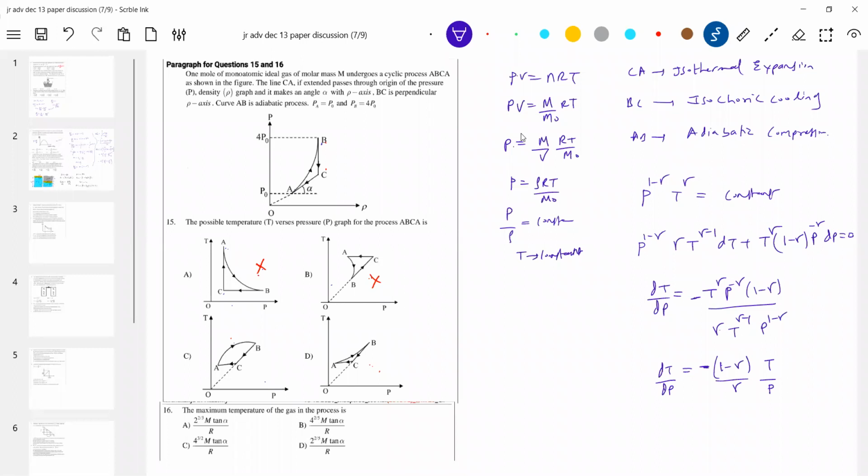If you calculate, the slope should be negative, no? I'll rewrite this: T by P equal to gamma by 1 minus gamma dT by dP. So if you calculate the slope, what should you get? Slope should be negative, no? The slope will be positive, sir? Yes, sir. 1 minus gamma will be negative, sir. 1 minus gamma will be less than 1, no? Okay, I'll adjust here.